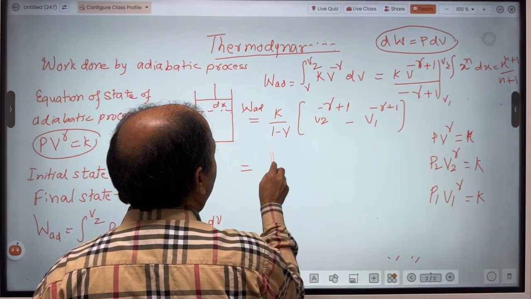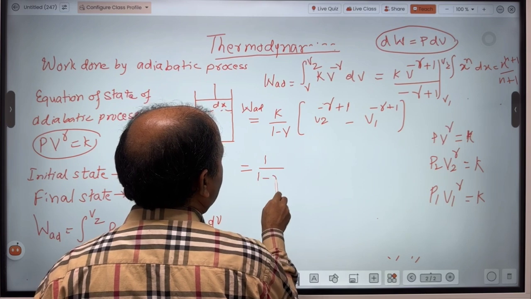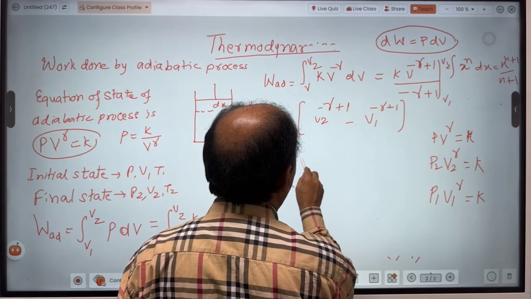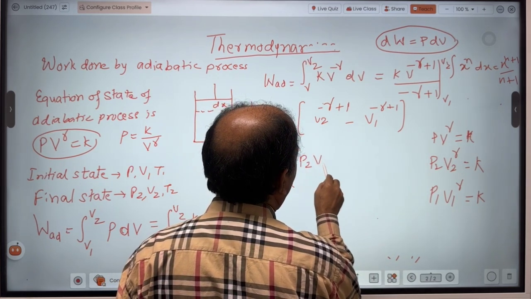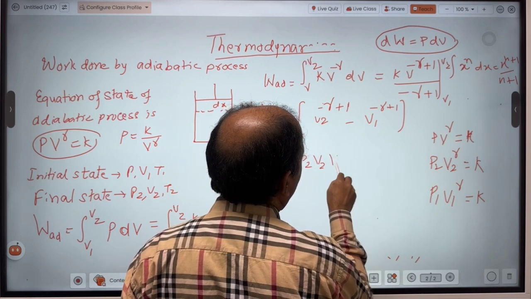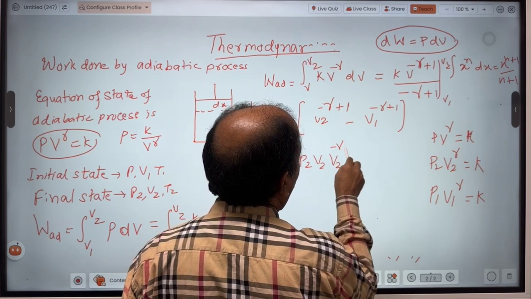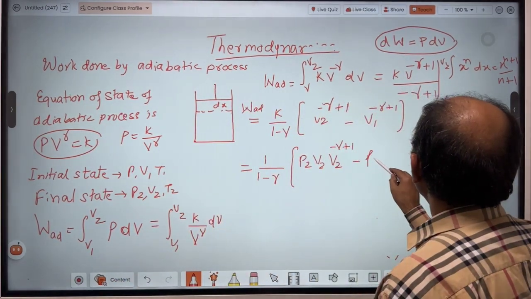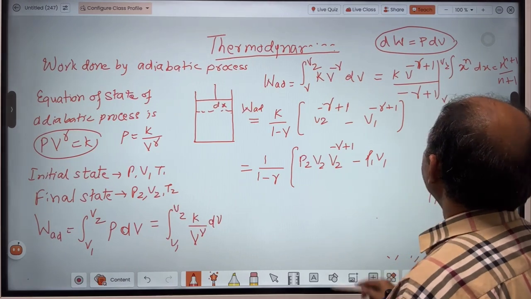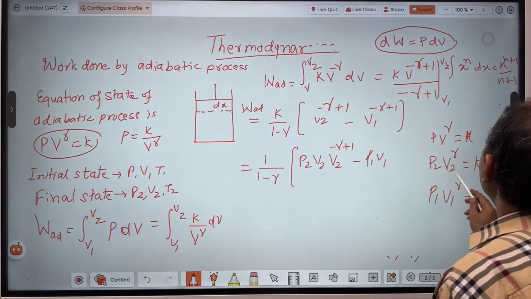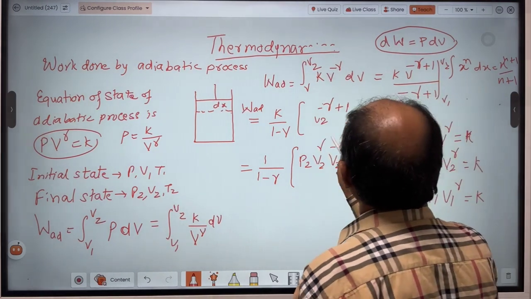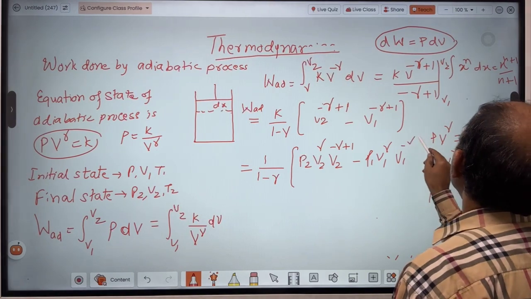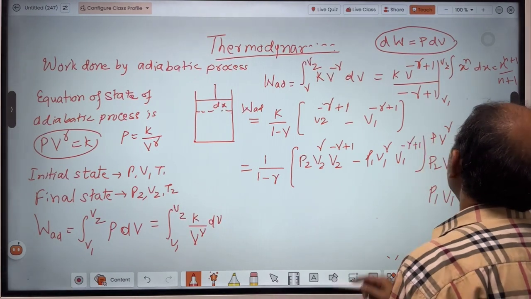So we will get 1 upon 1 minus gamma times, in place of K, P2 V2 power gamma times V2 power minus gamma plus 1, minus P1 V1 power gamma times V1 power minus gamma plus 1, right?